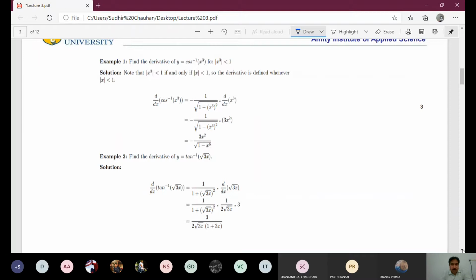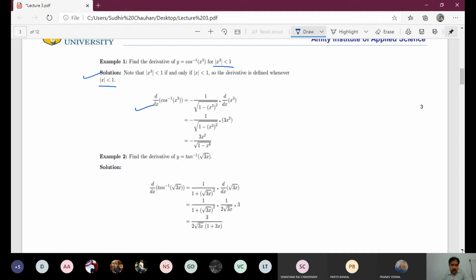For example, we have taken one question: find the derivative of y is equal to cos inverse x cube, where mod of x cube is less than 1. Now if mod of x cube is less than 1, that is only possible if mod x is less than 1. So derivative is defined whenever mod x is less than 1.